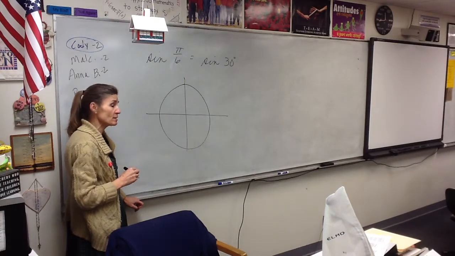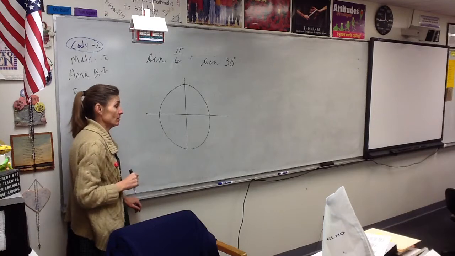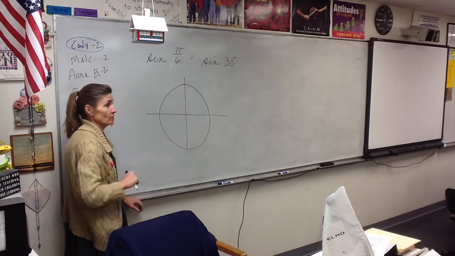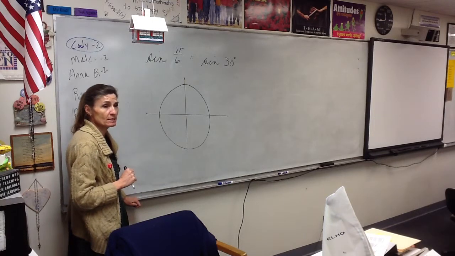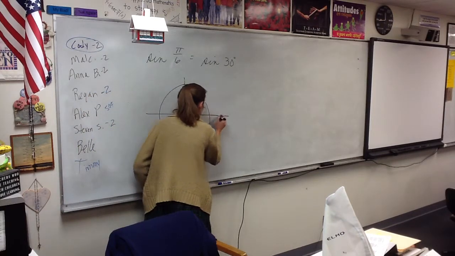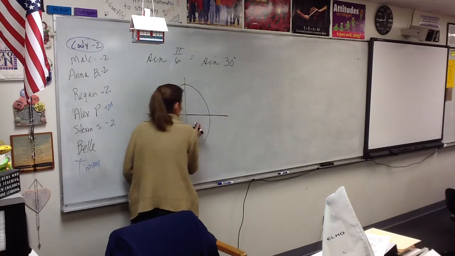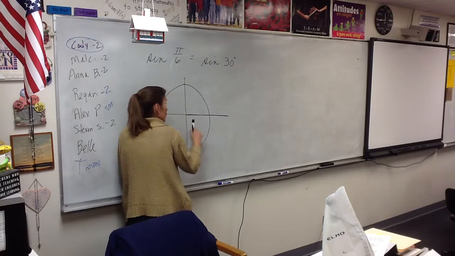There's no east, west, north, and south here. When we draw an angle, a pure angle, not a direction, 30 degrees, we always start right here. This is where I'm going to start my 30-degree angle.